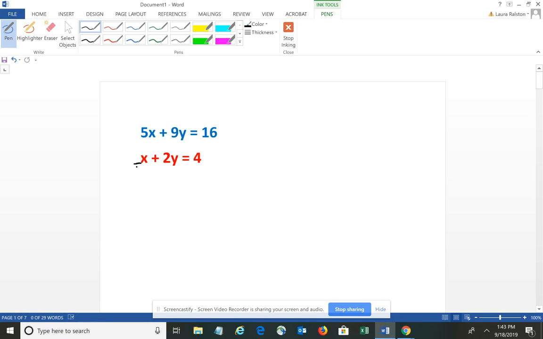Since the x has a coefficient of 1, to use substitution I'm going to solve this equation for x. So I have x plus 2y equals 4.